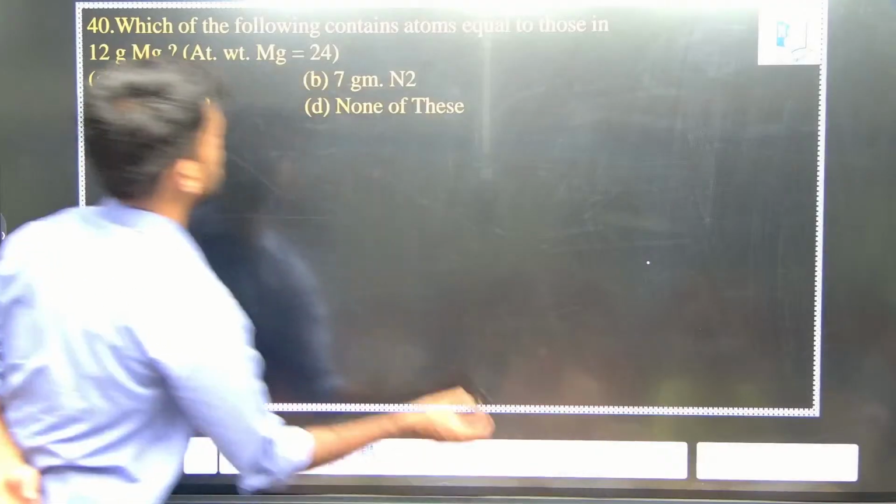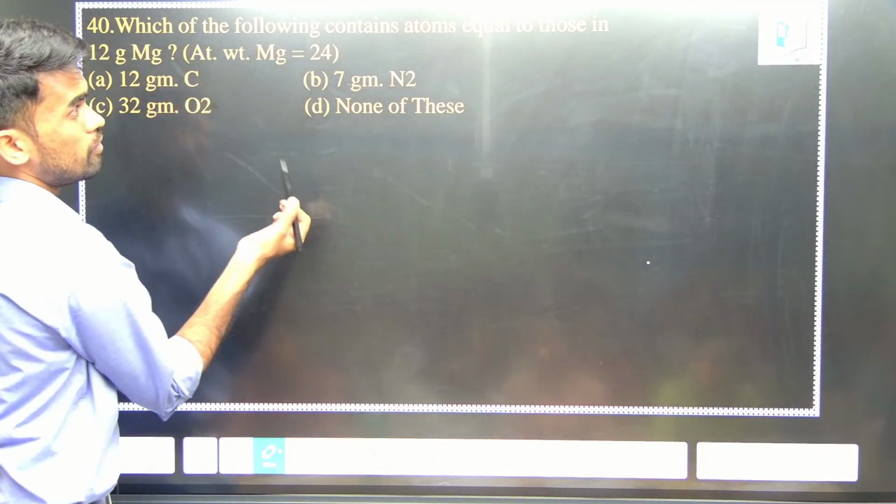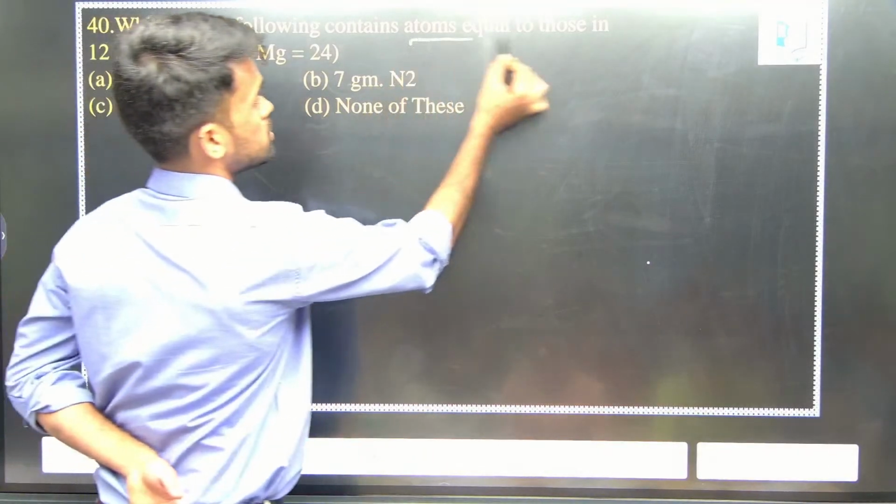So 12 grams of magnesium means how many? What should I do? They are asking about atoms now.